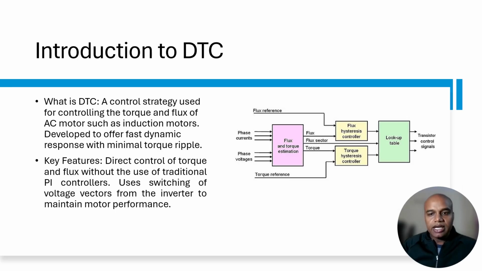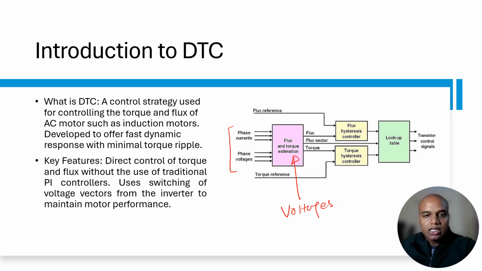The direct torque control strategy uses torque and flux decoupling, and it directly controls torque and flux from the stator voltage and current. Here it is shown that the flux and torque estimation is done after taking the stator voltage and current of the motor, based on the modeling, which we will see in a separate video, of how flux and torque are decoupled through the stator voltages.